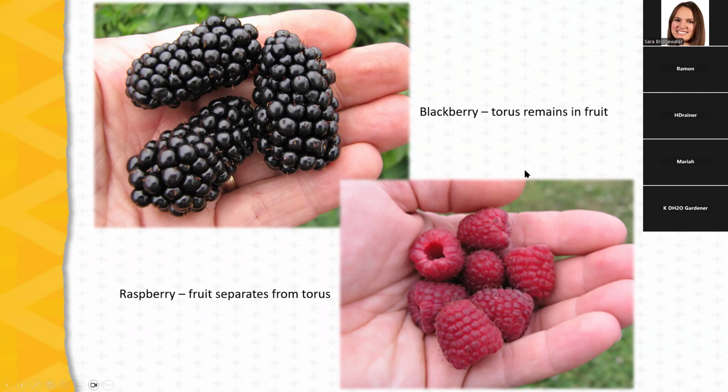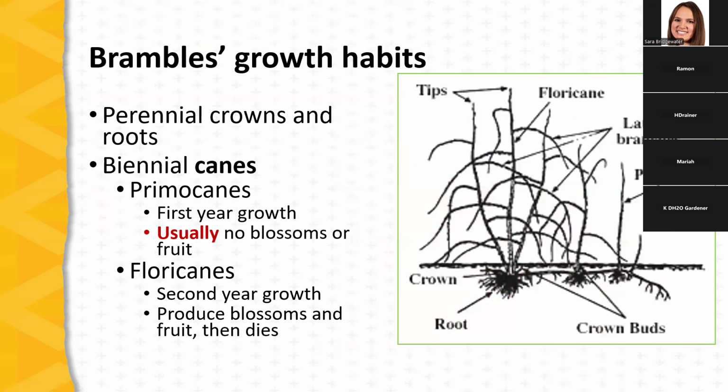That is called the torus. In the case of raspberry, that torus is detached. When you pick the fruit, it remains on the plant and not with the fruit. In contrast, with blackberries you detach the whole thing and you have the torus with the berry. So it's something to keep in mind to differentiate the types of fruits.